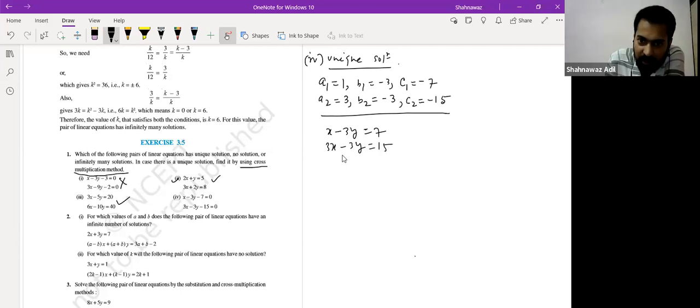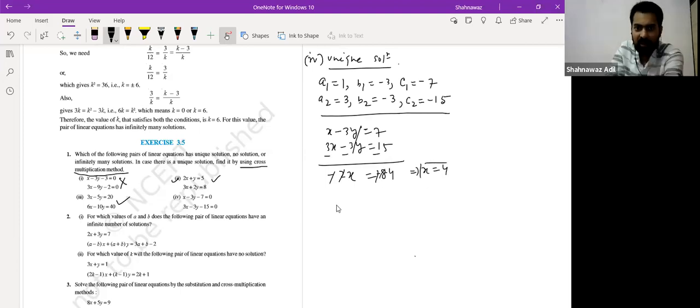So 15. Minus minus cancel. So minus 2x is what? 8. So x is 4, right?